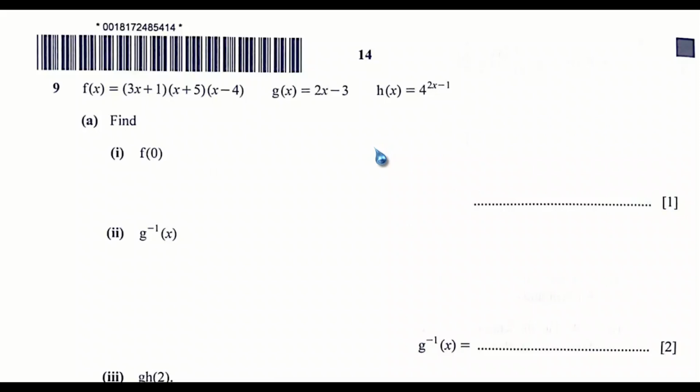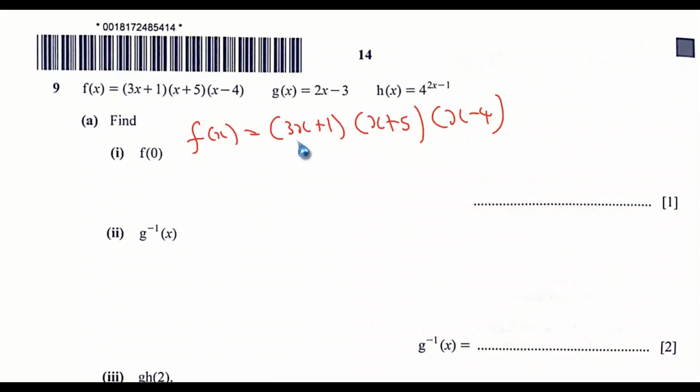Question 9. f of x equals 3x plus 1 into x plus 5 into x minus 4, and g of x equals 2x minus 3. h of x equals 4 to the power of 2x minus 1. Find f of 0. So since we know that f of x equals 3x plus 1 into x plus 5 into x minus 4, let's pass x equals 0.